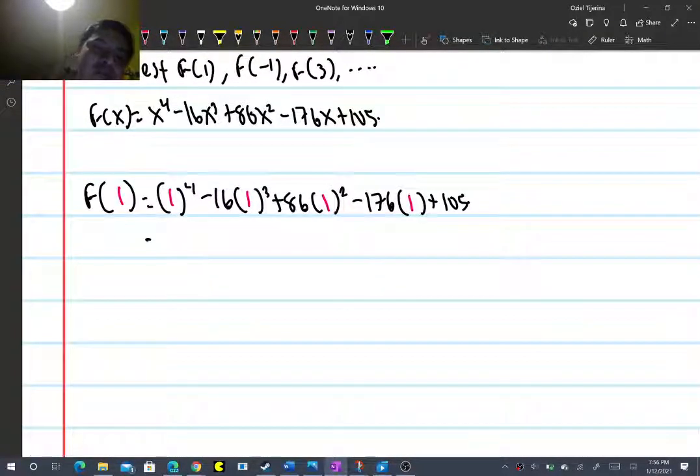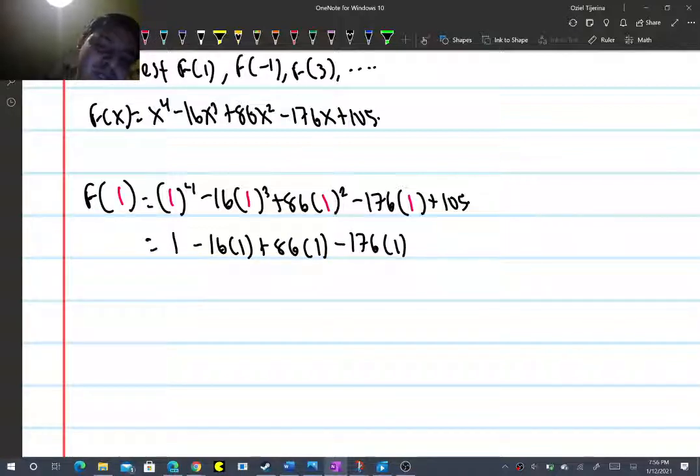This is equal to 1 minus 16 times 1 plus 86 times 1 minus 176 times 1 plus 105.